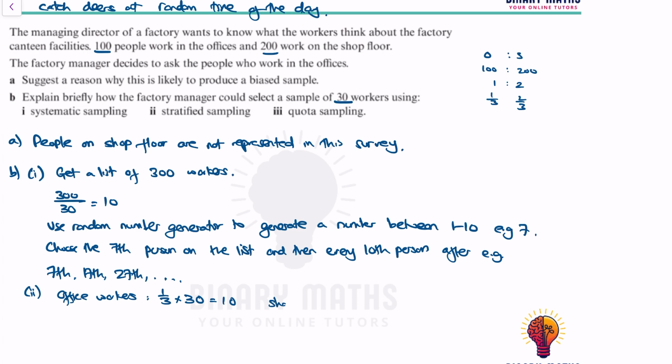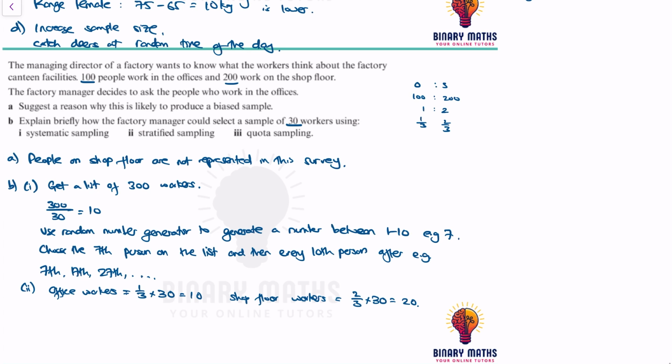And shop floor workers is equal to 2/3 times 30, which is equal to 20. Use random sampling to select numbers from each subgroup.